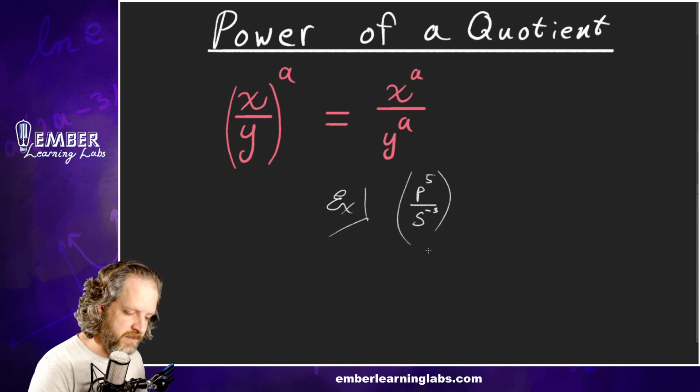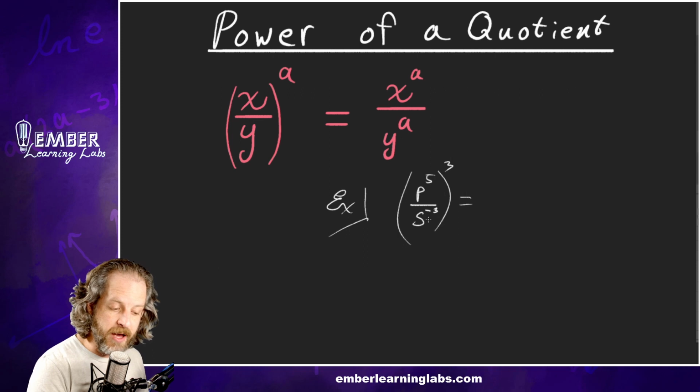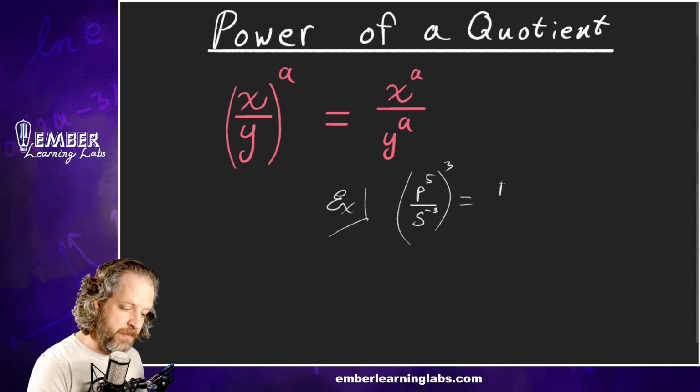Look at all the stuff we're sneaking in here. We're going to apply it to the top and the bottom. It's also a power to a power, so we're multiplying them. So p to the 15th over 3 times -3 is -9, so s to the -9.